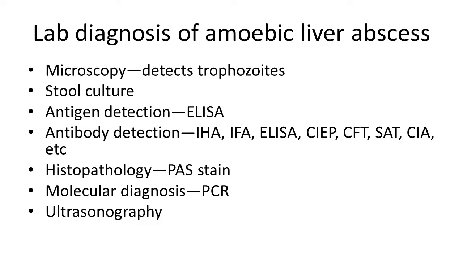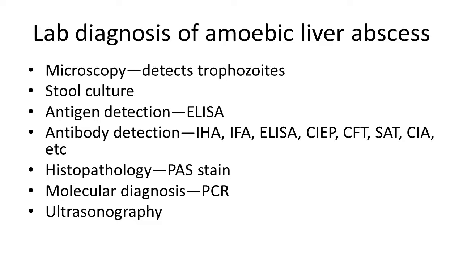Here we can use a biopsy sample or liver aspirate. First we go to the microscopical examination. When we look under the microscope, wet mount, saline and iodine, we can see the trophozoite stages only.